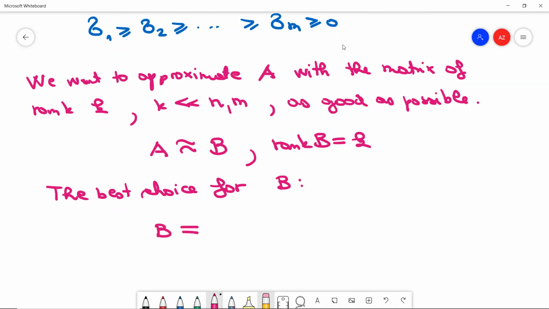What would you conjecture would be the best choice for B? So you're allowed to take any matrix B of rank k such that B will approximate A as good as possible. I will write soon what as good as possible means, but what would you conjecture would be a good choice?